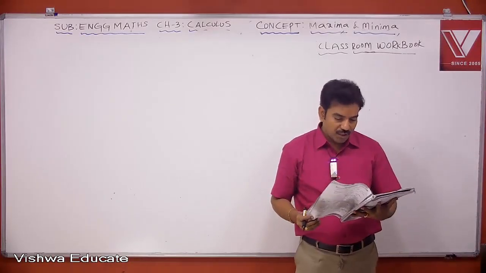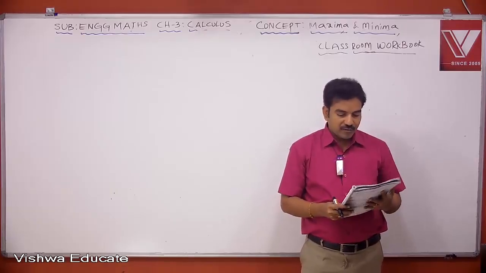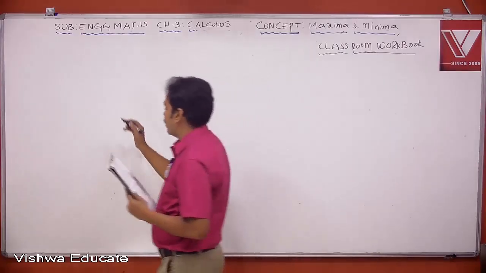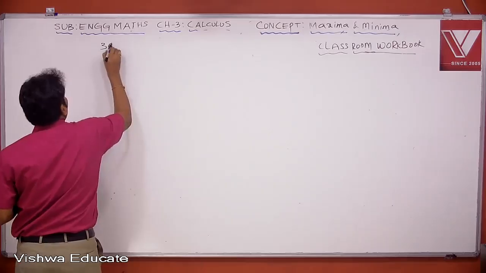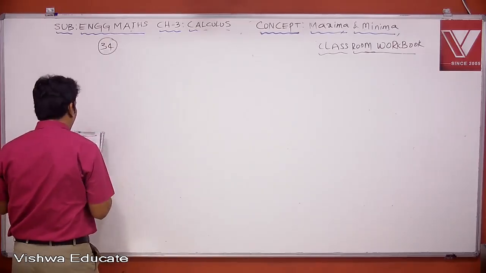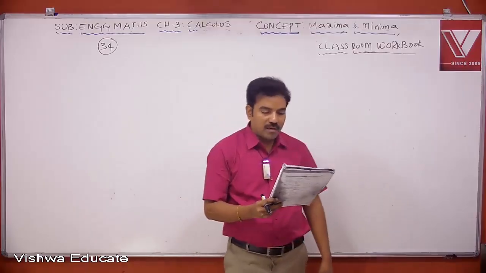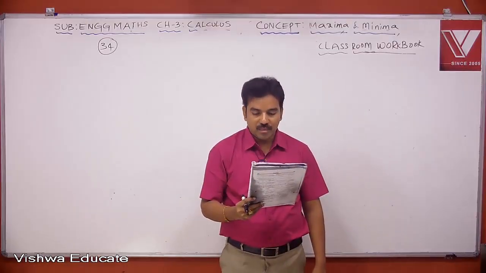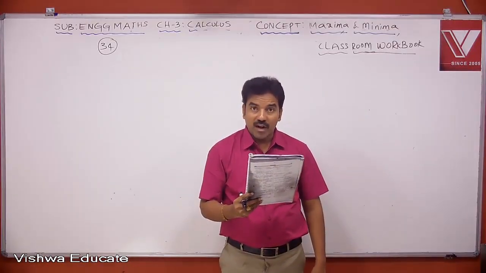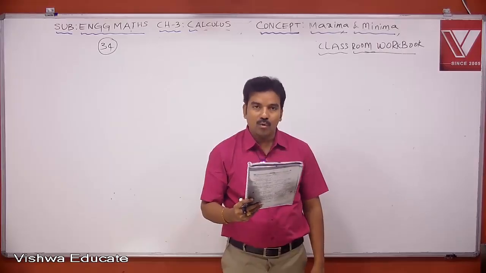Now let us move to question number 34. A point on the curve is said to be an extremum if it is a local minimum or a local maximum. Already we had a discussion about local minimum and local maximum.